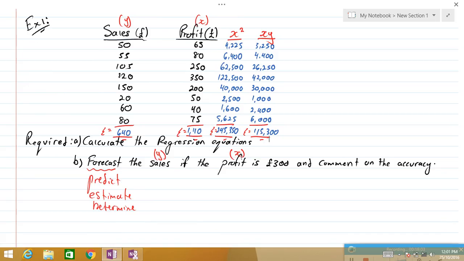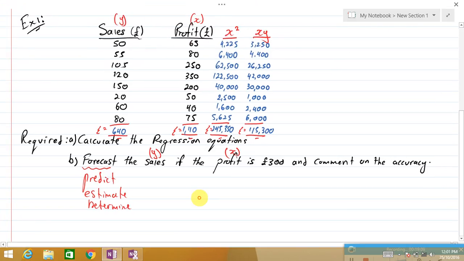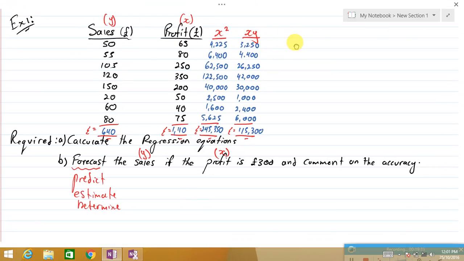Same total, huh? Okay, let's start with the formula. So we start with the B formula first.